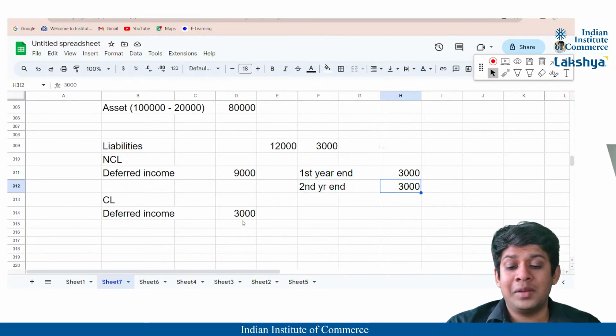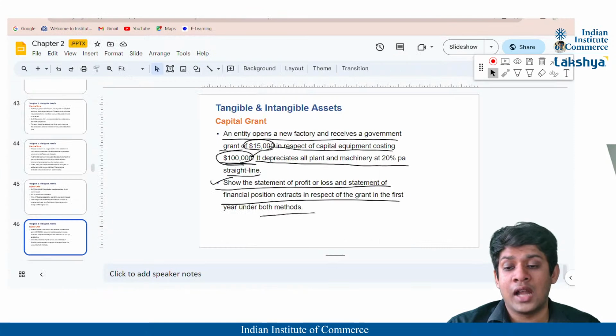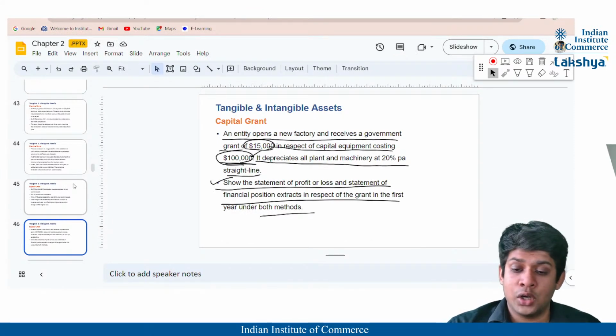So something which is going to be settled within a period of 12 months is considered as a current asset or a current liability. So 3,000 will be taken to P&L next year. So I'm putting it in the current liability, and obviously 3,000 is there in P&L, 3,000 in current liability. So 15,000 minus 3,000 minus 3,000, 9,000 will be stated in my non-current liability. Okay. So I hope this concept is clear to you all.